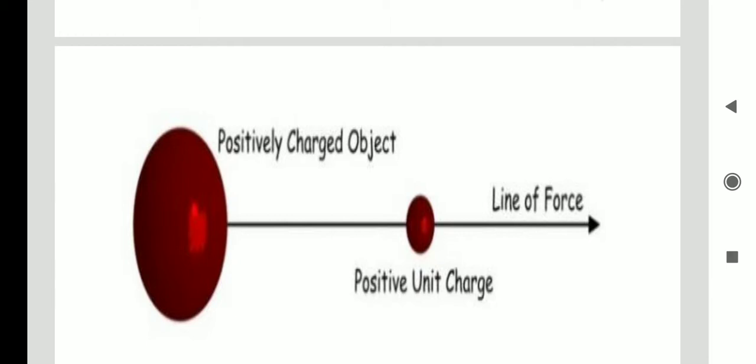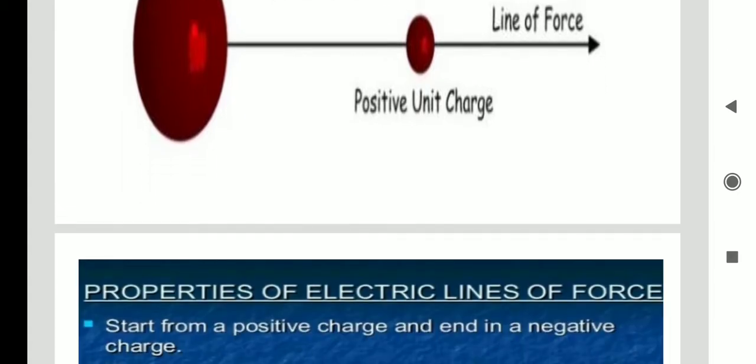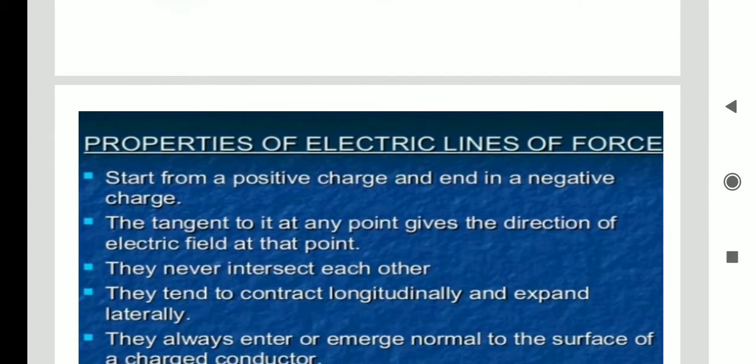Then the unit charge will be repelled by producing a repulsive force. This repulsive force moves through an imagined line, and that imagined line is nothing but line of force. Similarly, attraction also exists.